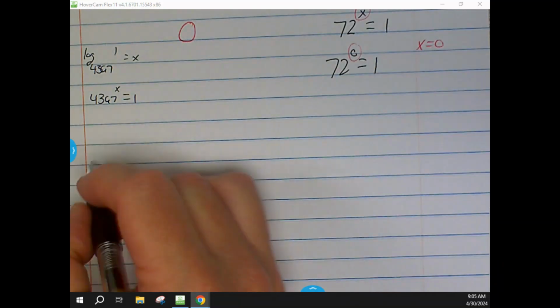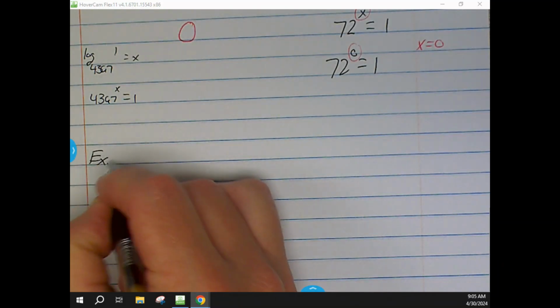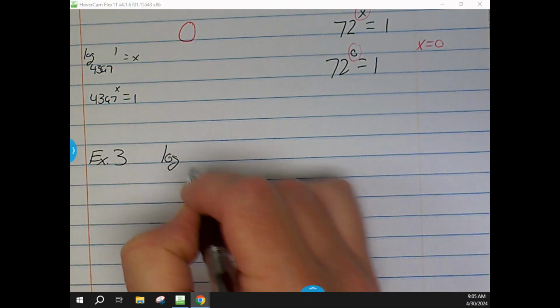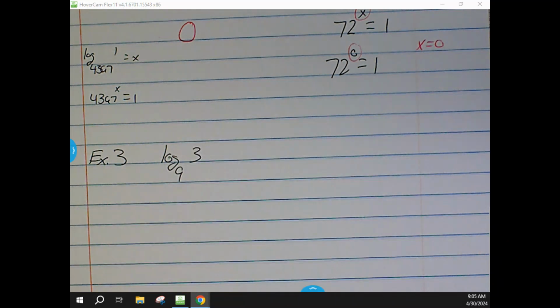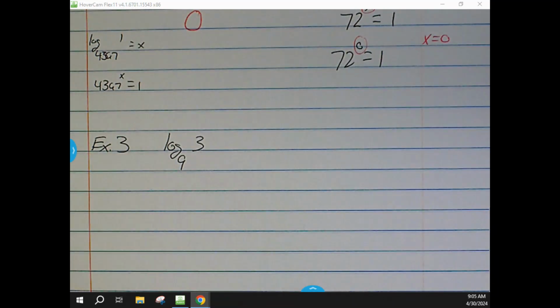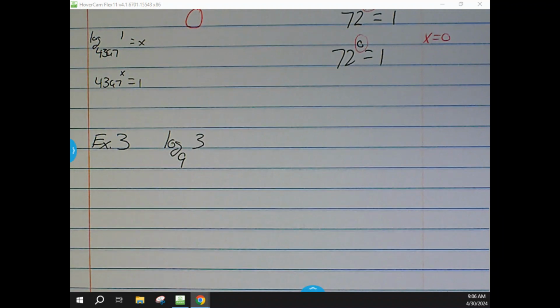Okay, now here's some of the ones that get a little sneaky with you. This one will make you think a little bit. All right, log base 9 of 3.